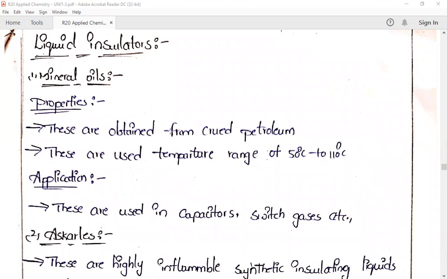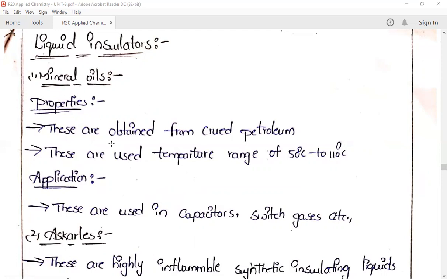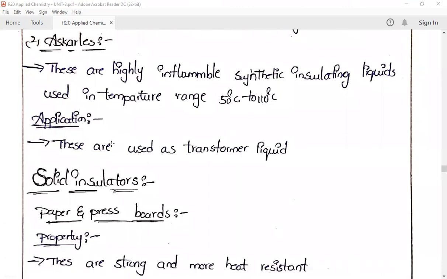Usually, liquid insulators are used in conjunction with solid insulators, and they can be broadly classified as mineral oil, askarels, vegetable ester liquids, vegetable oils, organic ester liquids, and synthetic hydrocarbon liquids.